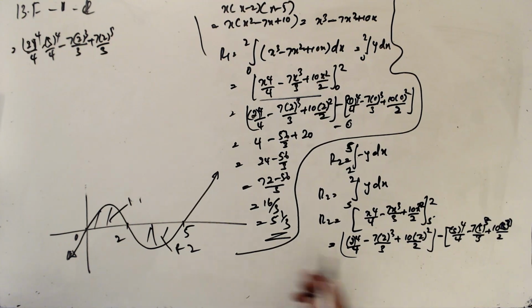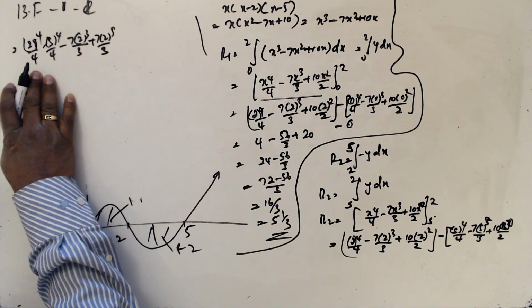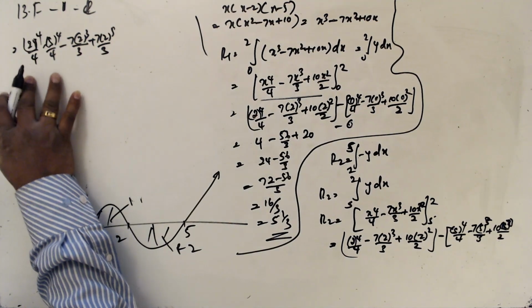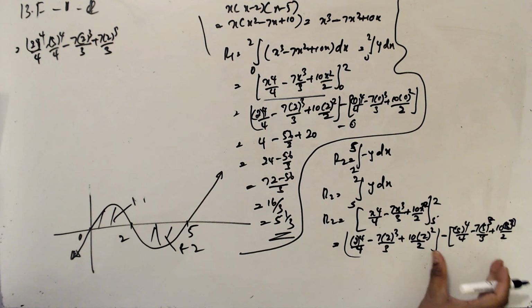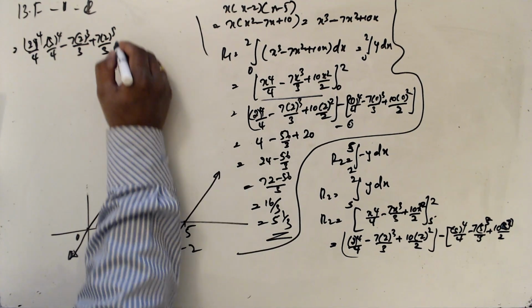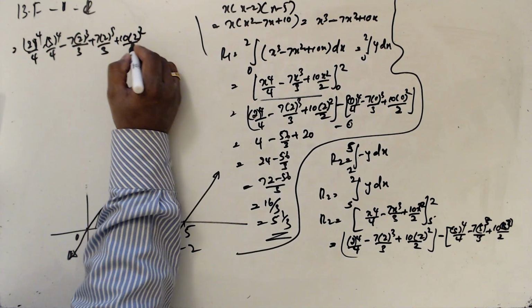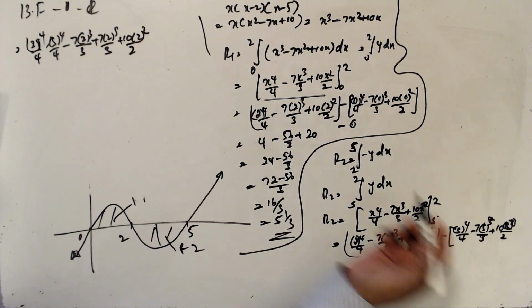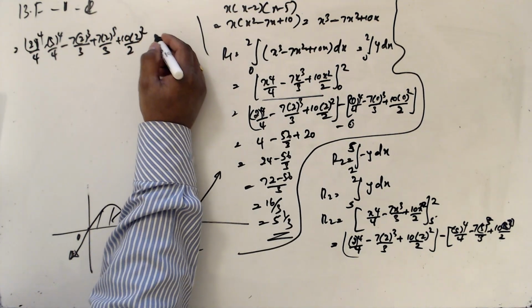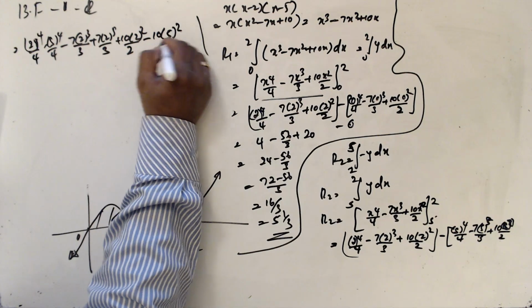So I'm doing it differently. I'll take these two terms together, these two and these two. So this is plus 10 times 2 squared over 2, minus 10 times 5 squared over 2.